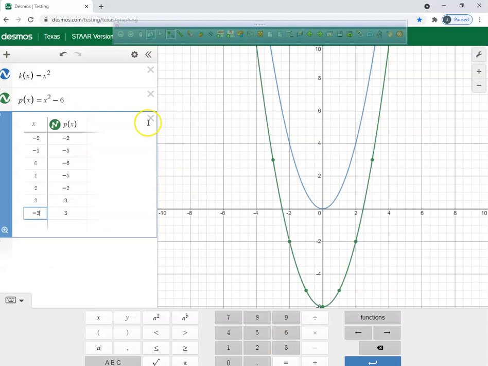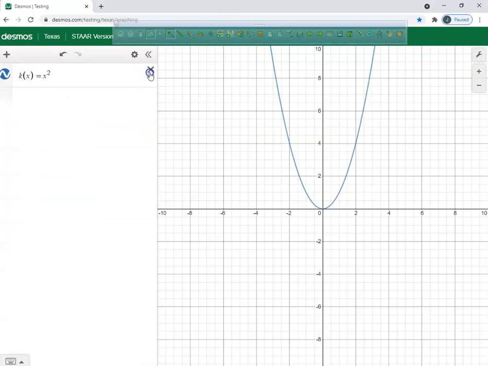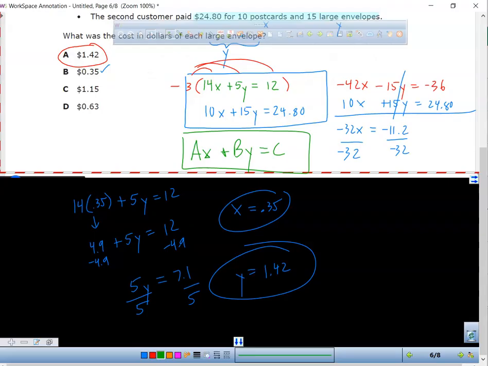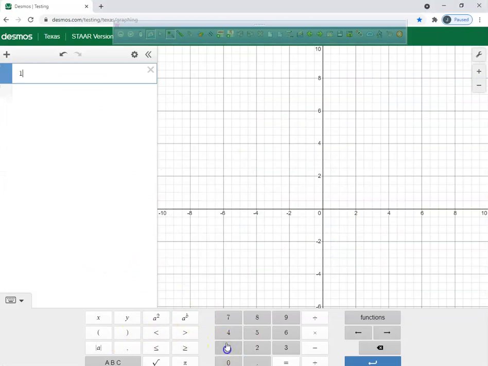Check this out, guys. Look at this. Right now, I can't type in one of our equations: 14x plus 5y equals 12. Ready? 14x plus 5y equals 12. Will Desmos graph that?